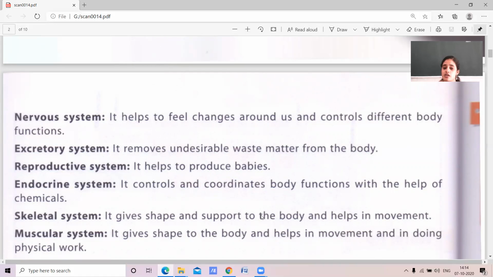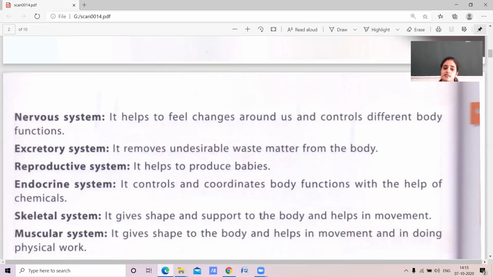It consists of nerves and the brain. Whatever the stimulus from the surroundings, the particular response is given by our body because of the presence of the nervous system.